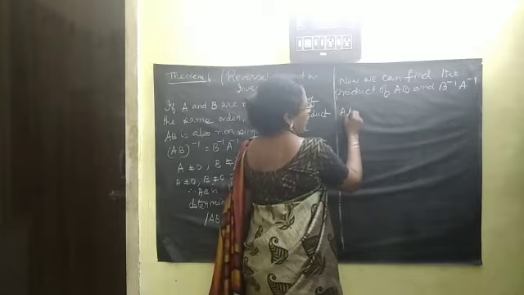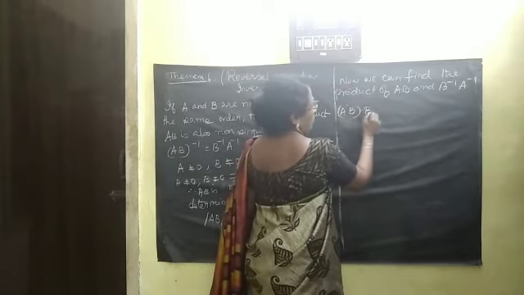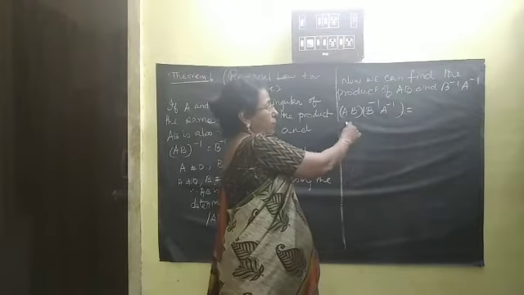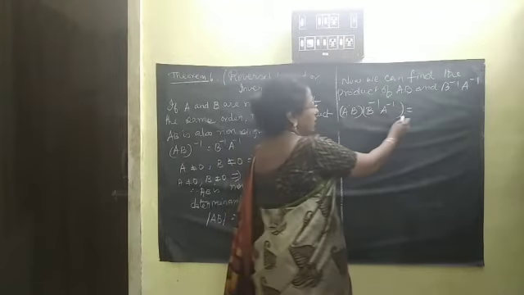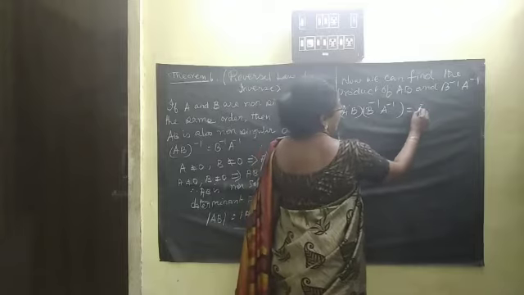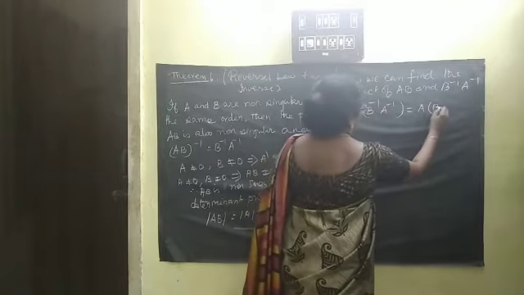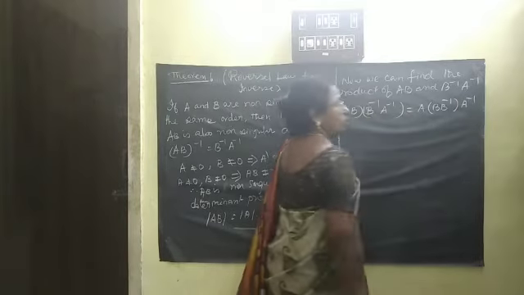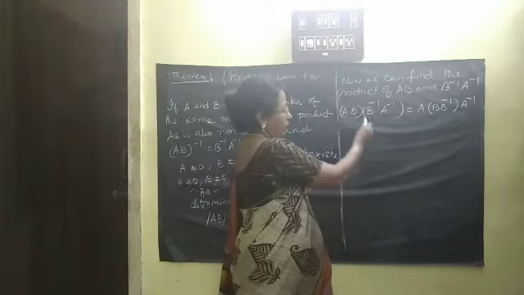So AB into B inverse A inverse can be written as A into B B inverse into A inverse using the associative property.